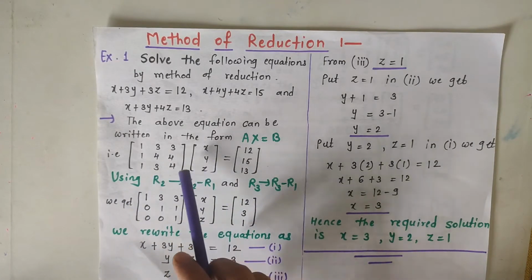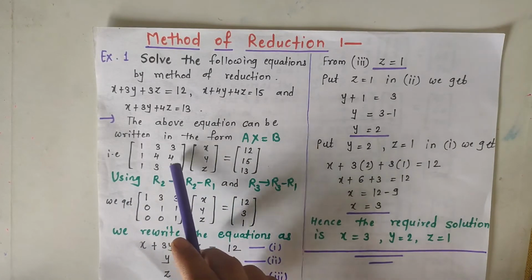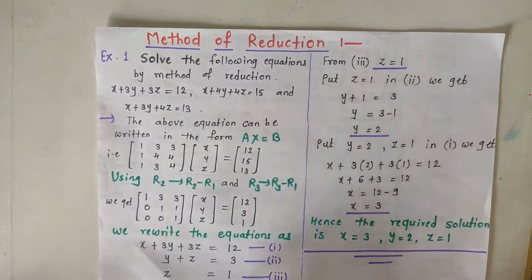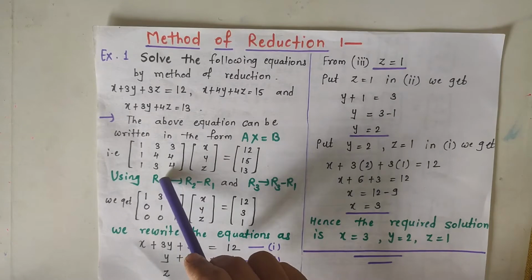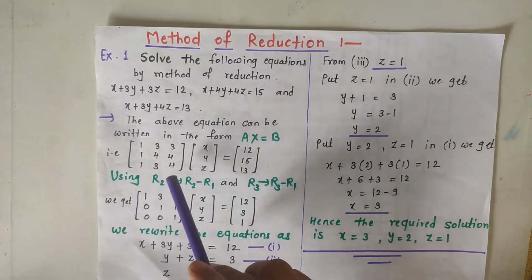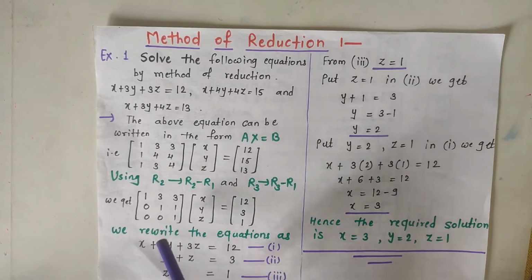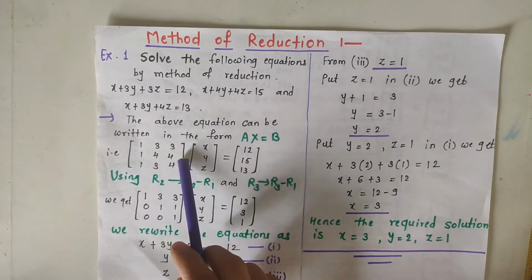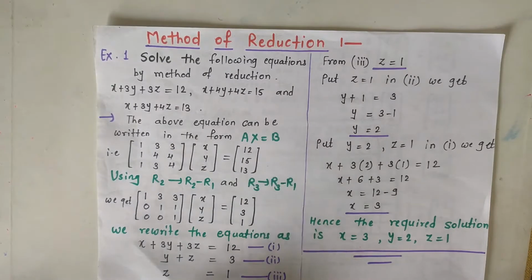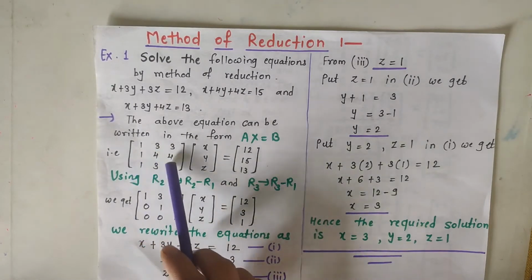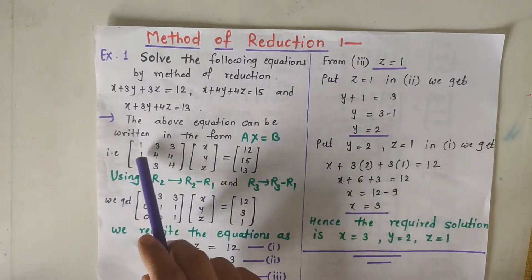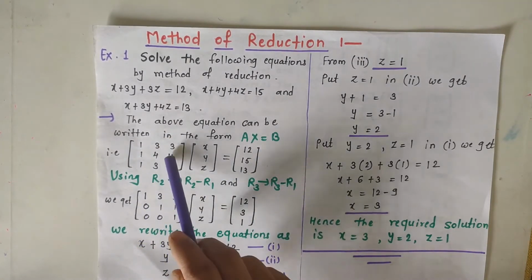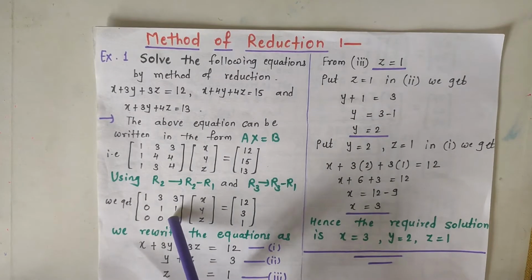Now for this method we have to convert the below-the-diagonal elements 1, 1 and 3 into 0 to get the upper triangular matrix. So applying a suitable row transformation on the second row, R2 minus R1, we get 1 minus 1 = 0, 4 minus 3 = 1, 4 minus 3 = 1.